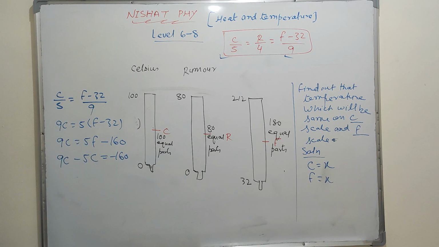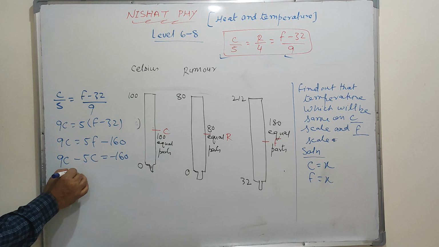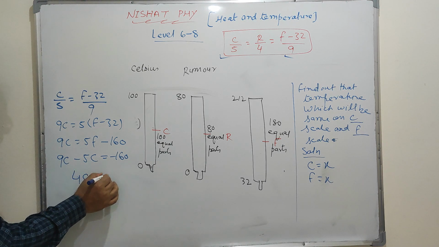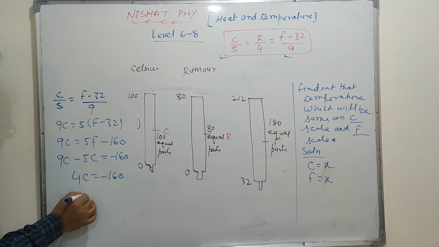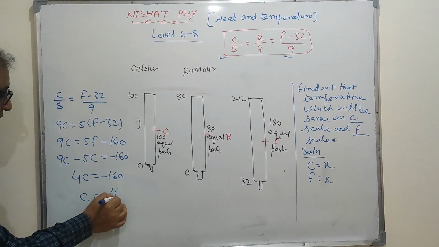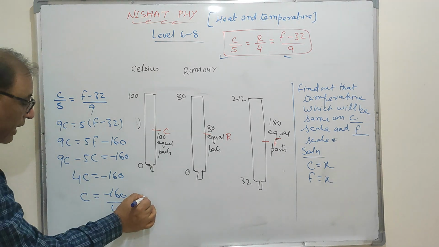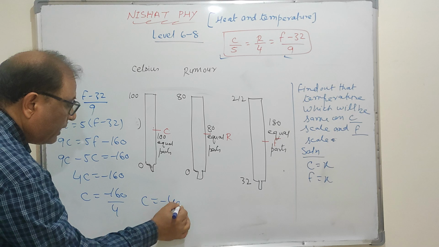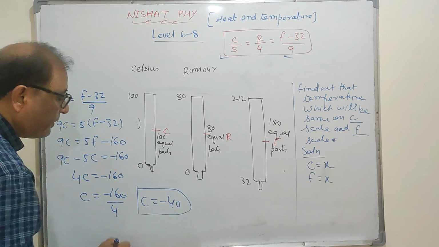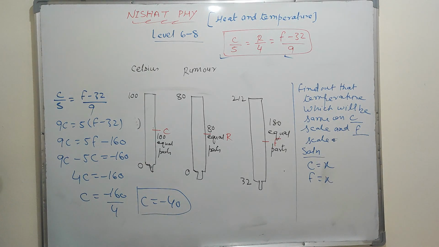Okay, mathematics I can go fast. And 4C is equal to minus 160, and C is equal to minus 160 upon 4, and C is equal to minus 40. No, see, I have to put an X, better to put X for both.